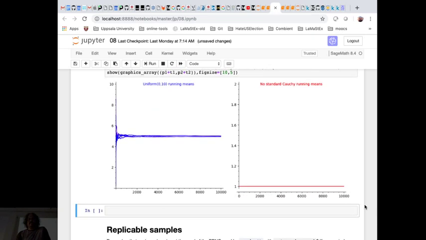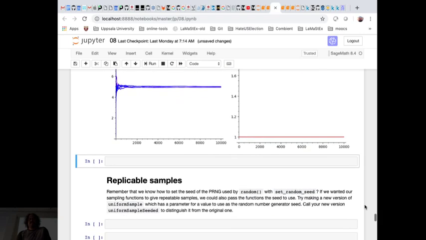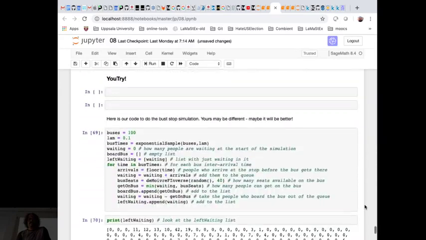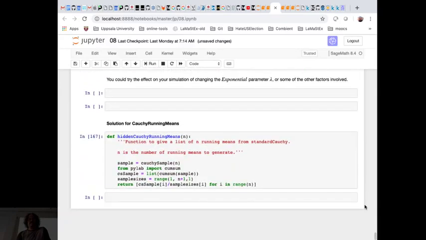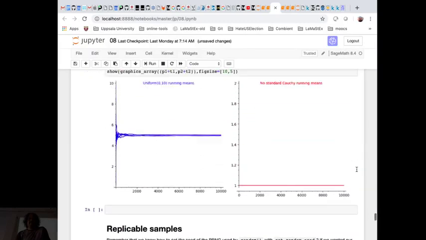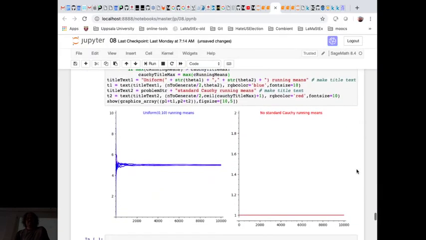If you get stuck, please don't look at the solution first. This is just to get you prepared for the exam. If you get stuck, here's the answer at the bottom. What you will realize, as we revisit this again, is that this one's running means will not settle down. They will go like this, and boom, they'll just go all over the place.